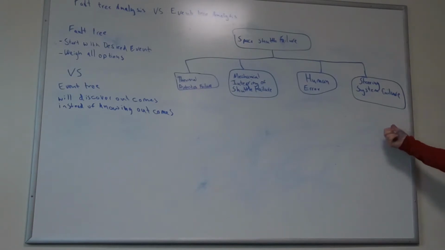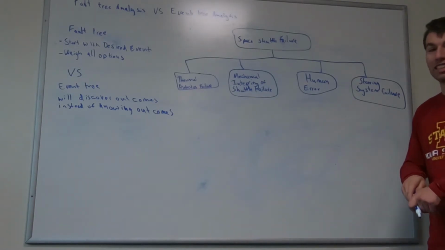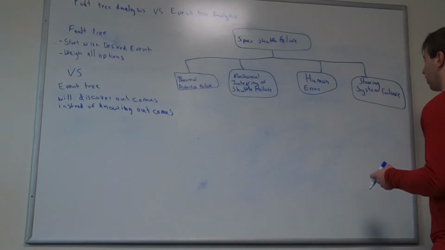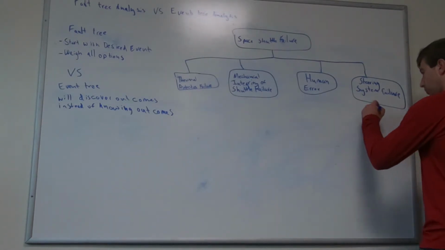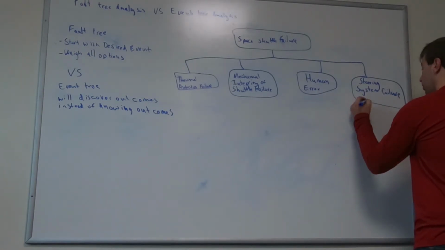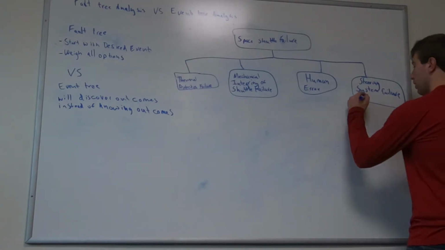Now the one that we explored in class was the steering system failure, simply because it's the easiest to calculate out of all of these. So we have a steering system failure, and what we have here is 2 systems that run by each other.